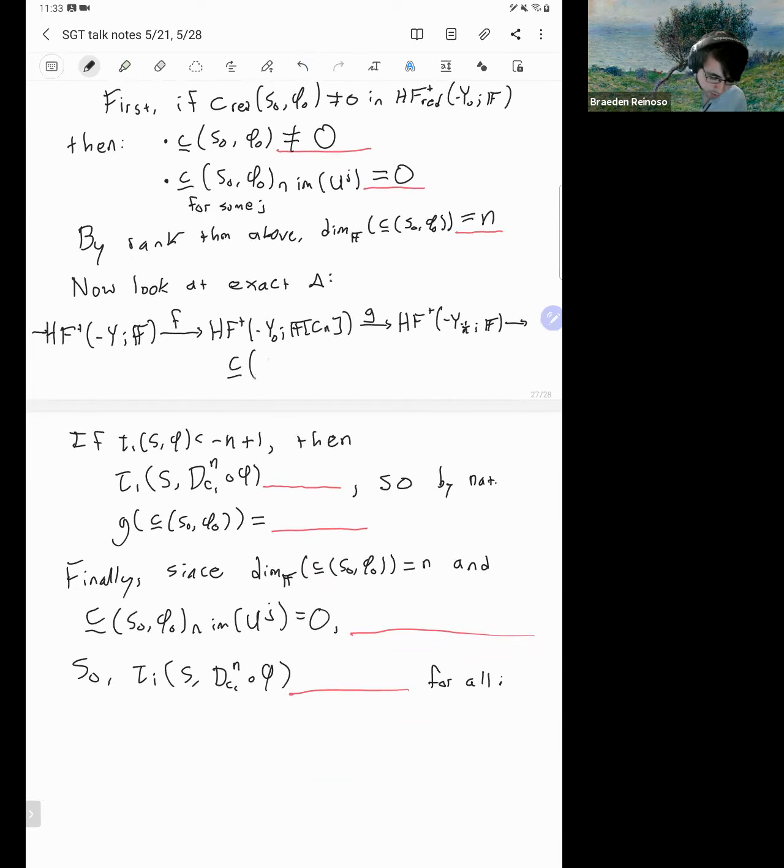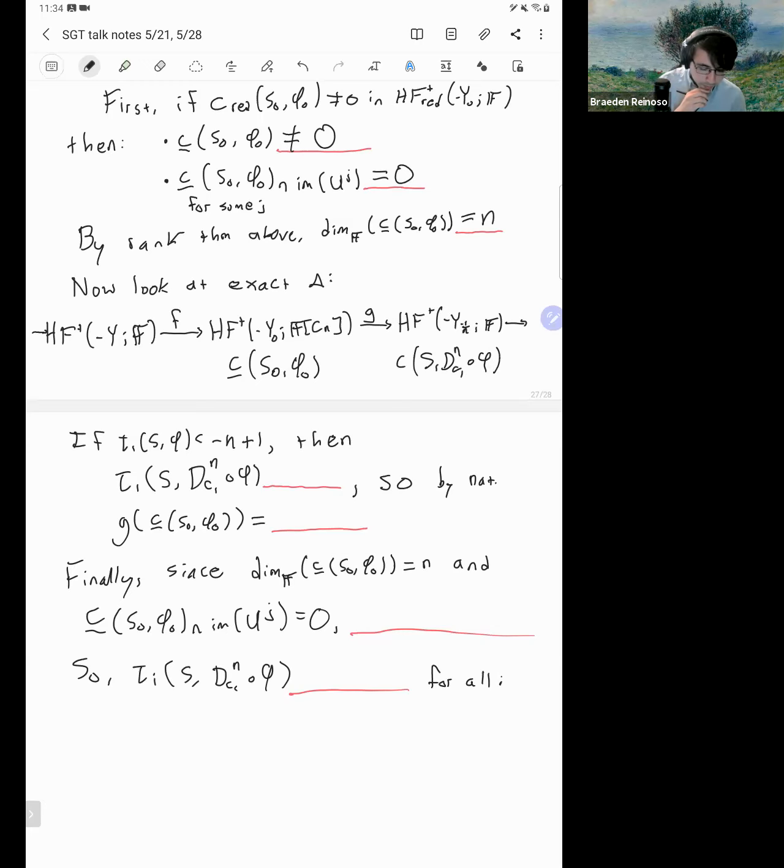So your twisted contact class of your capped off open book is living here. And what we're going to look at is how it goes to this guy where we add n Dehn twists along your first binding component in there.